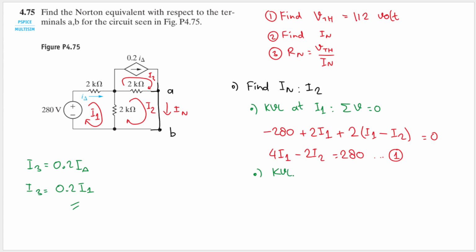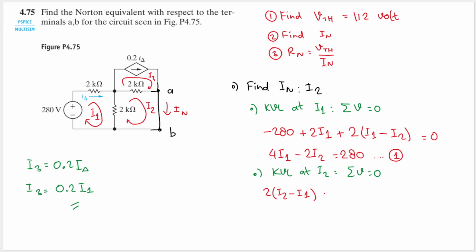Let's do KVL at I2. KVL says that the sum of the voltages in a loop will equal 0. Now we will have this one. So we'll have 2 times I2 minus I1.